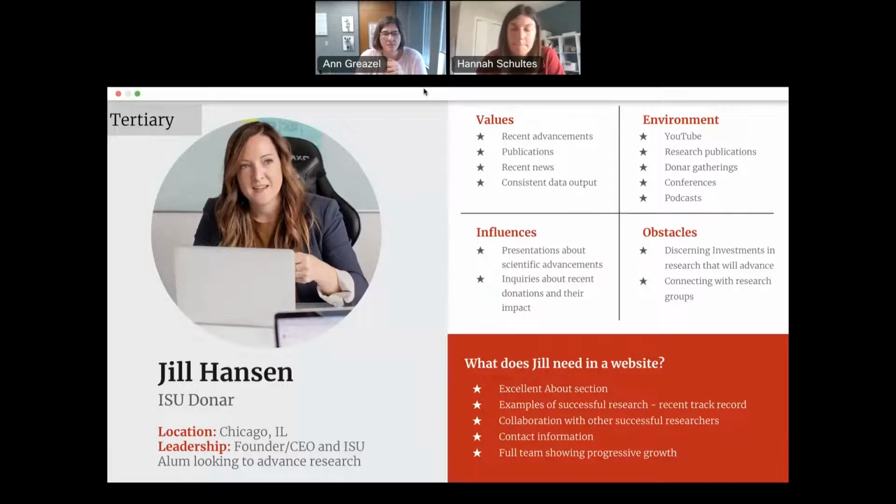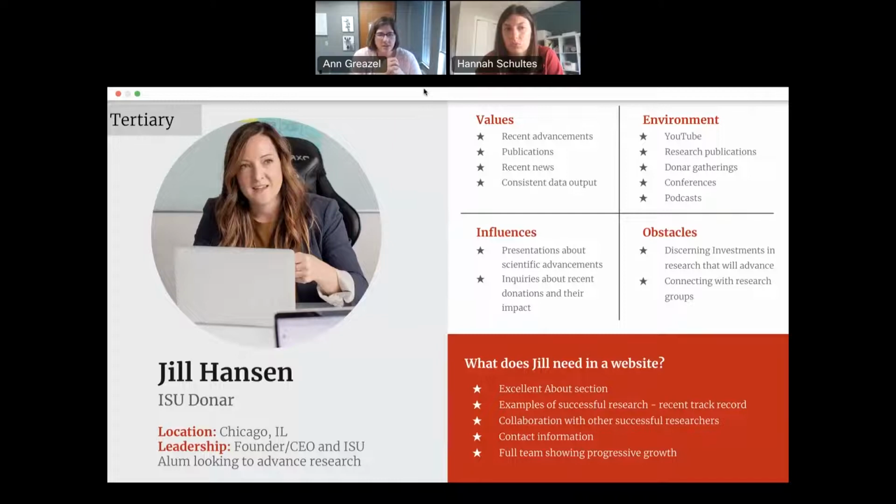Her obstacles are discerning these investments and making sure that they're wise investments. If they give money to your department, are they going to be able to see benefits from that? Connecting with various research groups and making sure that money gets well used.